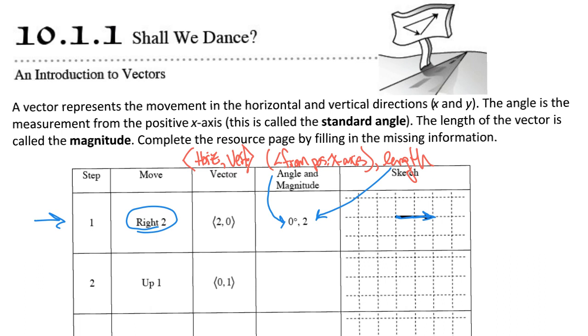Okay, 0, 1, my horizontal movement is 0, 1 unit vertically. It doesn't matter where you start, just start somewhere on your grid and you're going 1 unit up. Okay, so if I'm going 1 unit up, what angle measure did I rotate through? 90 degrees. And I went up 1 unit.